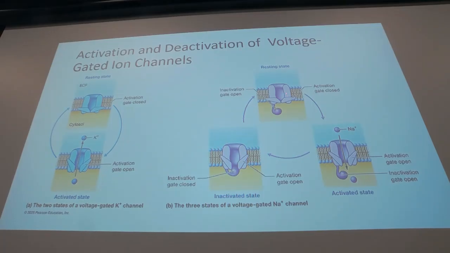So then what happens when you have a change in voltage? These activation gates open and this inactivation gate will be open. So then that is going to make sodium rush from the extracellular fluid to the cytosol. Why? Because you have more sodium out than in.